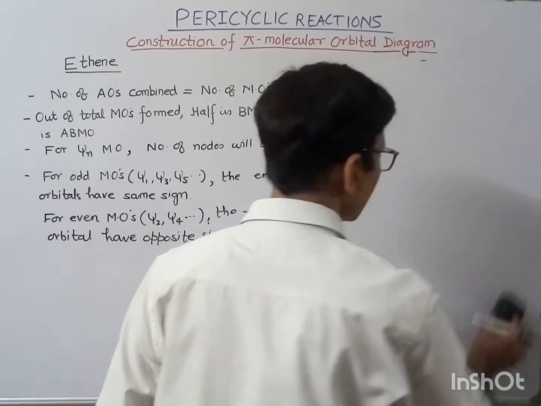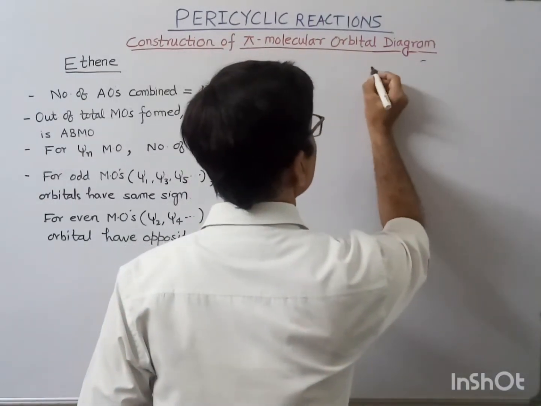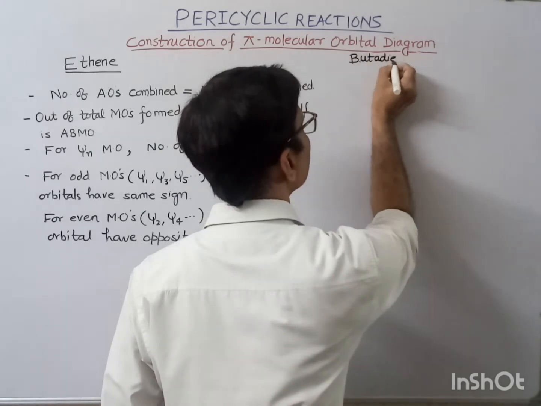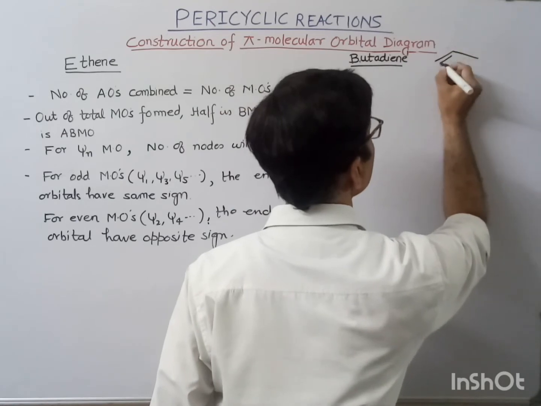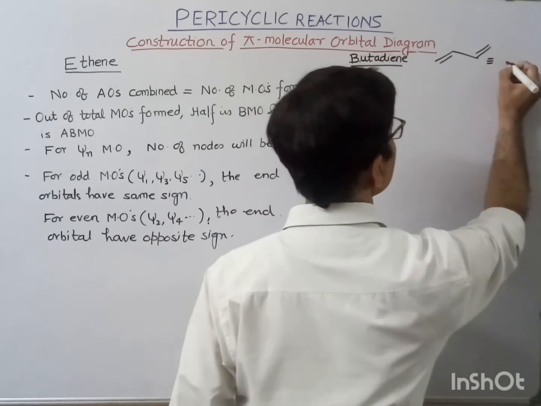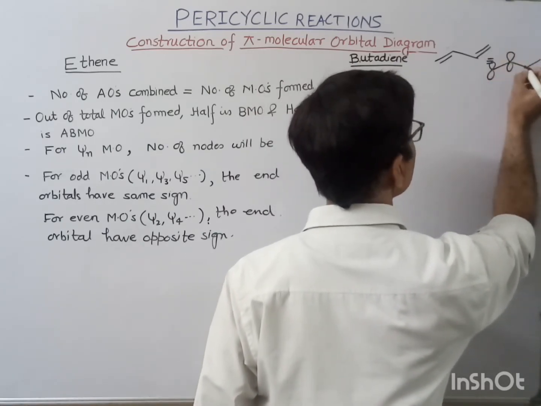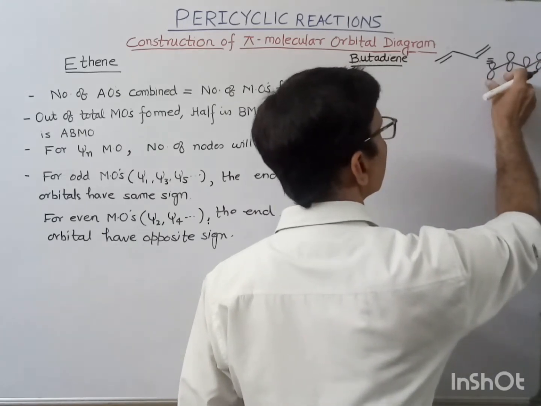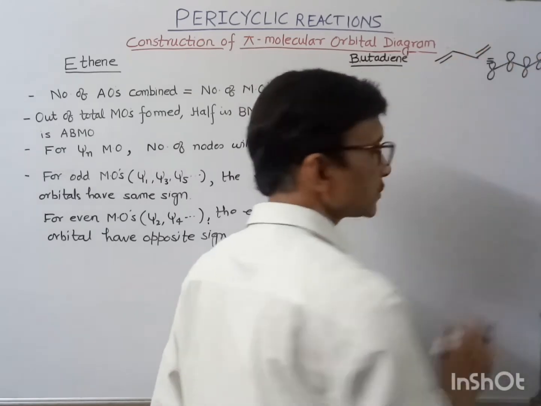So how can we draw the molecular orbital diagram for butadiene? Okay, this is our butadiene, or we can write it in this way also. So this is one of the p orbitals, next one, and next one. These two p orbitals combine to give this one pi bond, or these two p orbitals can combine to give this pi bond.